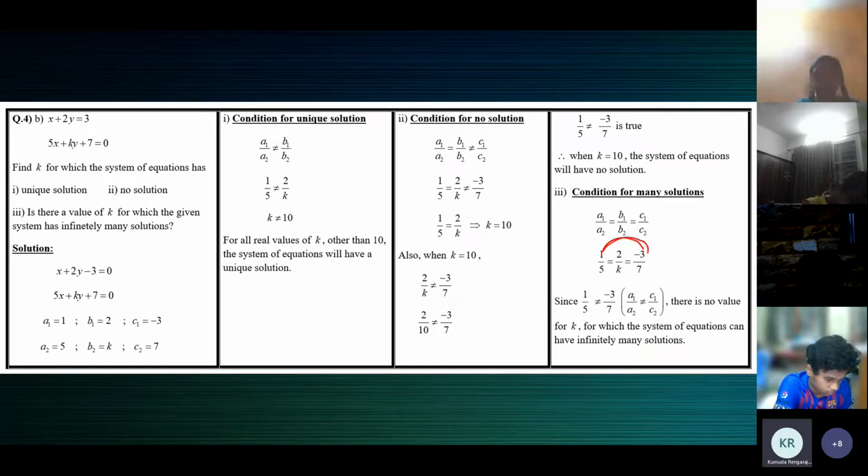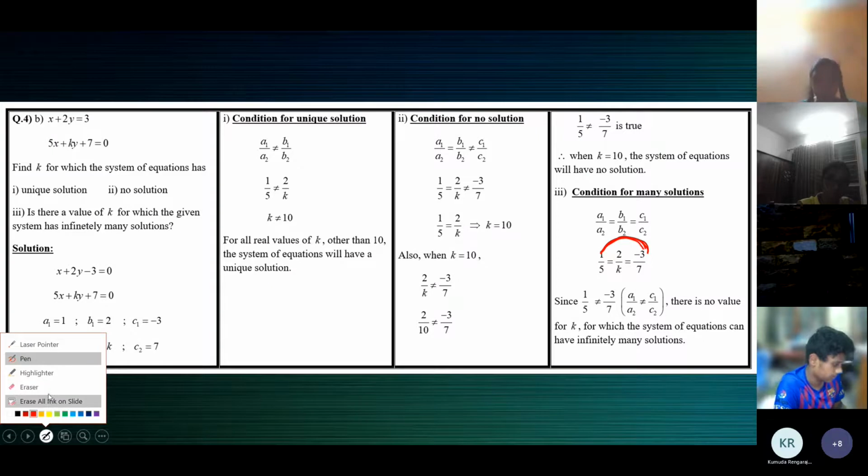All the three ratios must be equal. But here, whatever be the value of k, 1 by 5 is not equal to minus 3 by 7. So there is no value for k for which the system of equations can have infinitely many solutions.